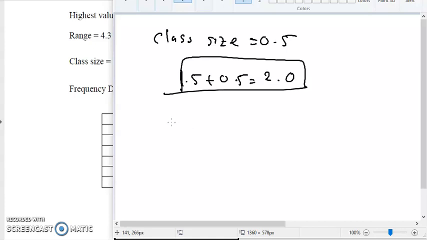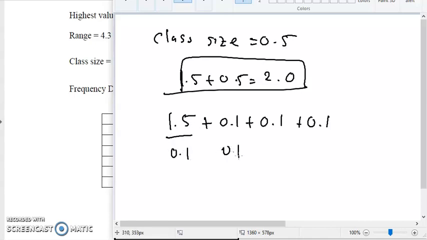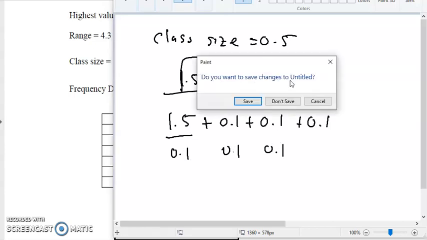We start with 1.5, and the class size is 0.5. 1.5 plus 0.1, plus 0.1, plus 0.1, which is actually 0.5 here. You start counting from here, 0.1, 0.1, 0.1.